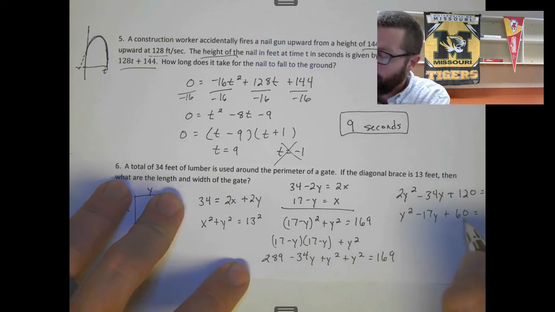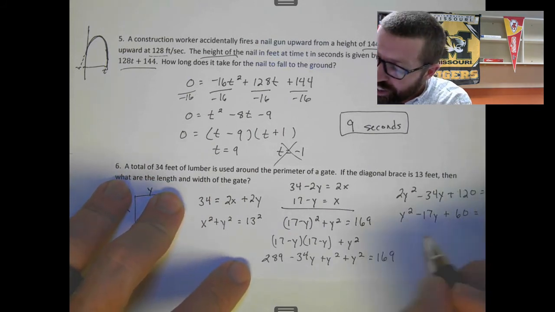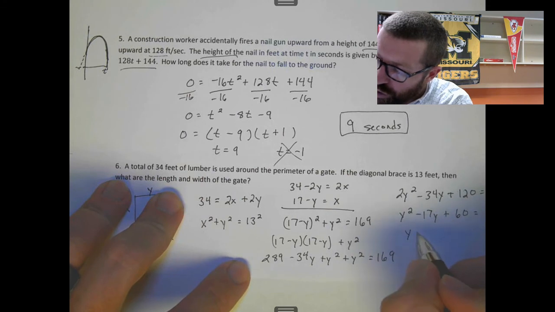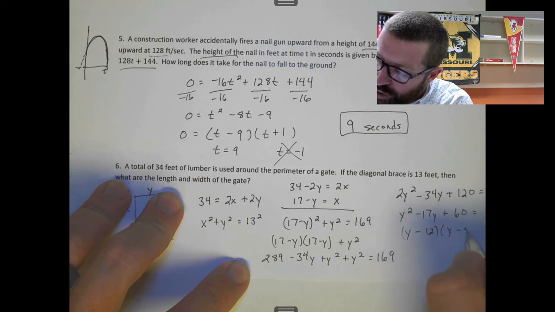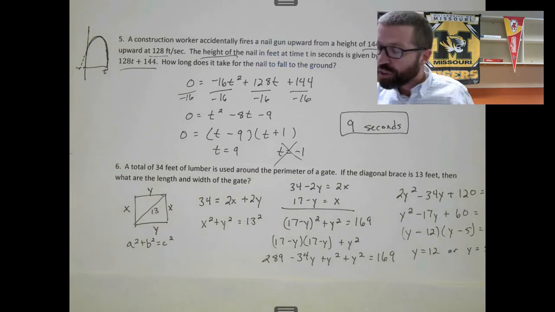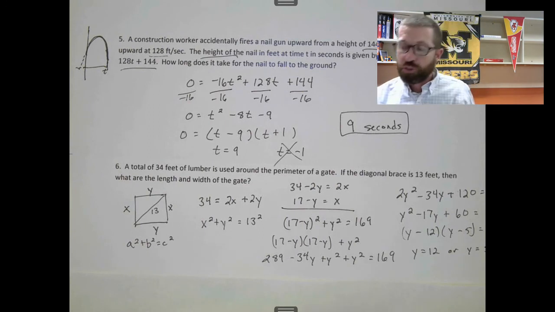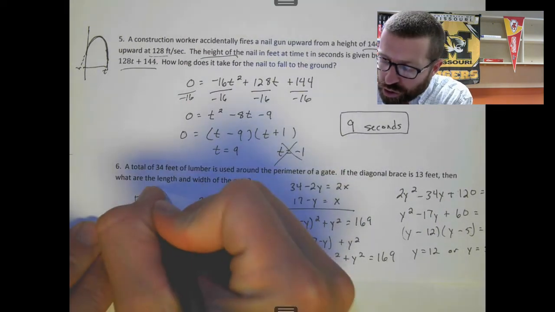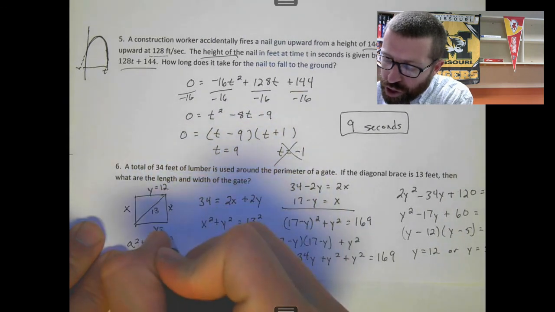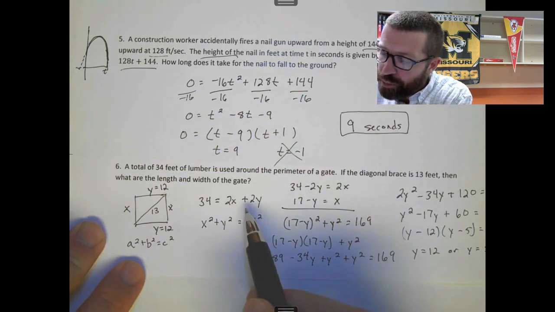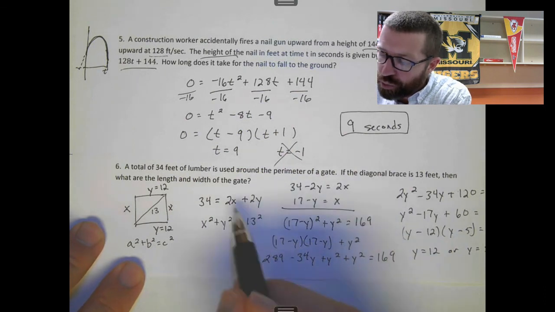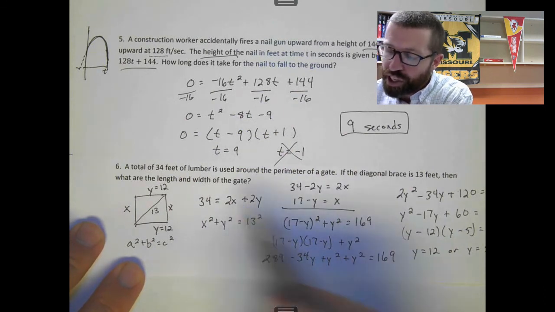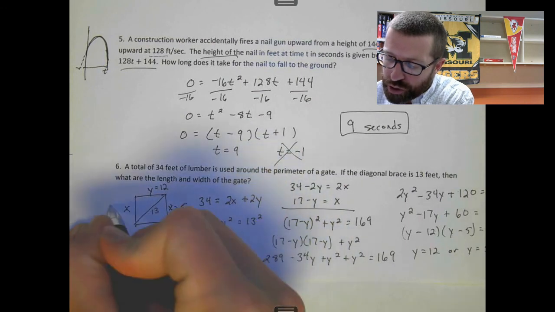Then we need two numbers that multiply to 60 and add to 17. And those are negative 12 and negative 5. So y is equal to 12 or y is equal to 5. So there's two answers here. If y is 12, we could solve for x, and you would get 5 when you do that.